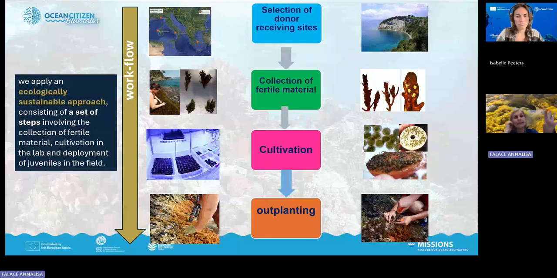The donor is where you have the population where you collect during the fertile period, normally in spring, summer for the majority of Cystoseira species, where you collect the fertile small part, so just some fertile apices from each thallus, so as not to compromise the natural capacity of this population to reproduce in the field. Then we bring them in the lab where we start the cultivation, and then we have the outplanting in the field.